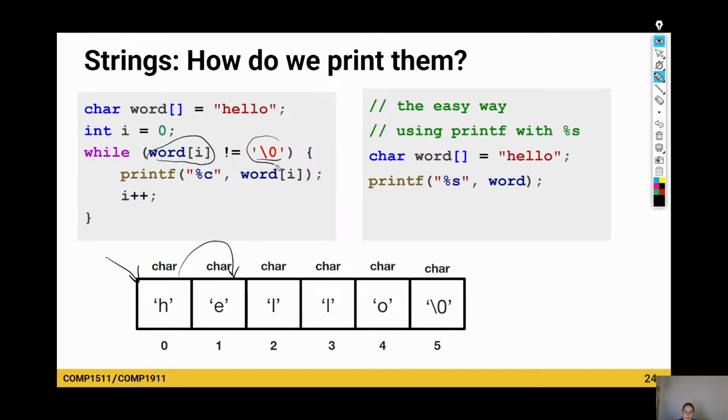We're checking, is this equal to the special null terminator? No. And we keep checking. When we get to index 5, it's going to check, is the character in here equal to this? And it'll be yes. And this while loop will stop. So it will literally check what's inside each one of these, and when it gets to here, it'll know to stop the loop.